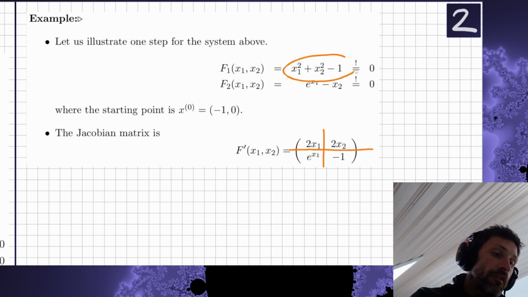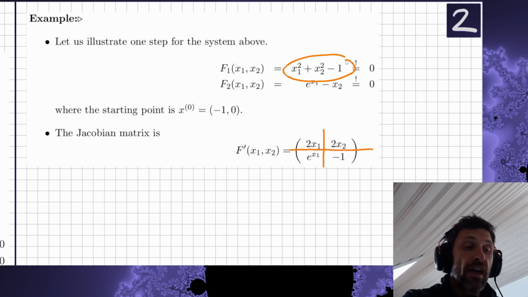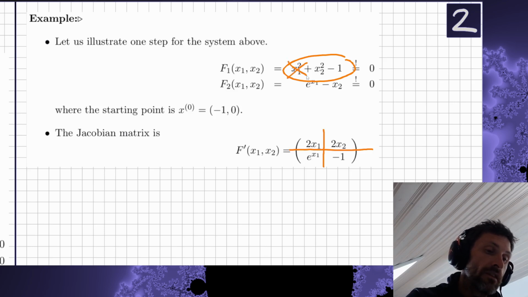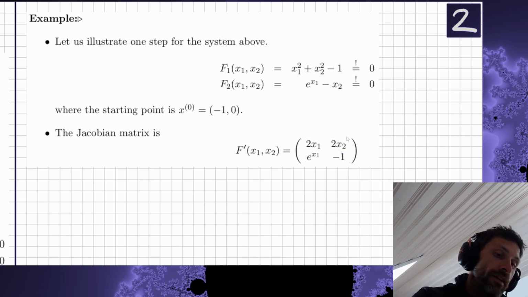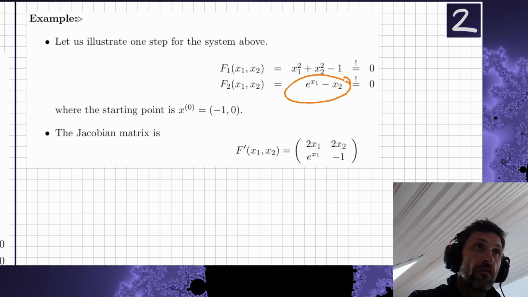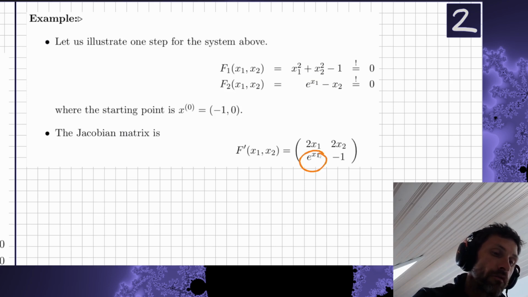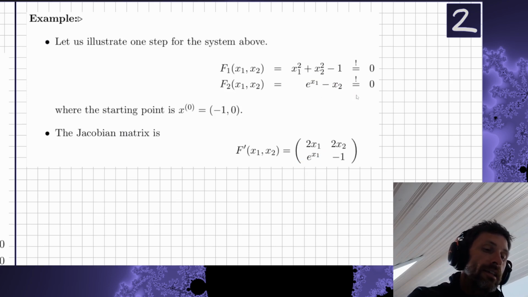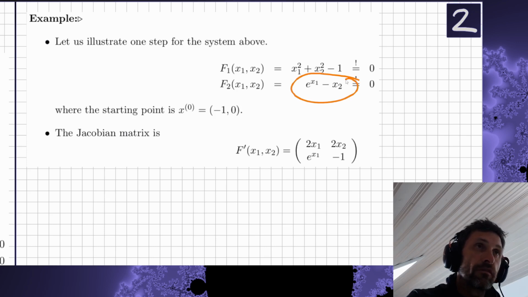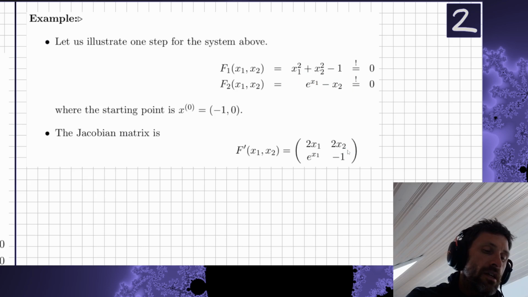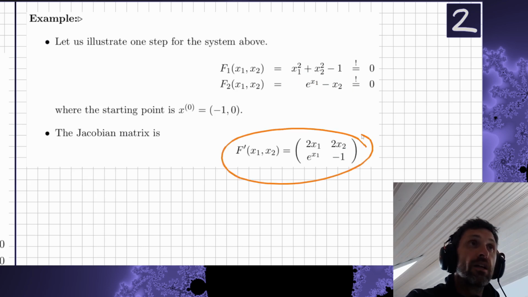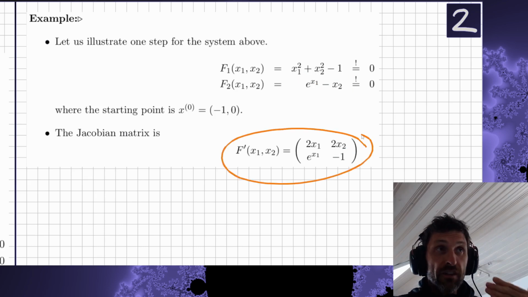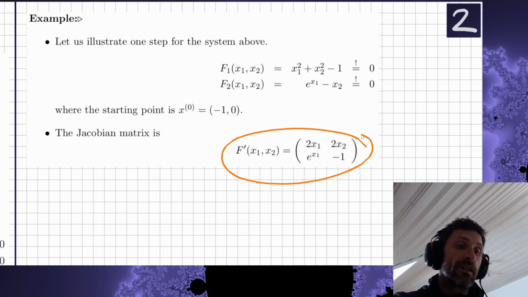The derivative of that with respect to x2, forget that, it's 2 times x2. And then the derivative of that with respect to x1 is e to the power of x1, and the derivative with respect to x2, doesn't matter, -1. This is the Jacobian for the general point x1, x2.